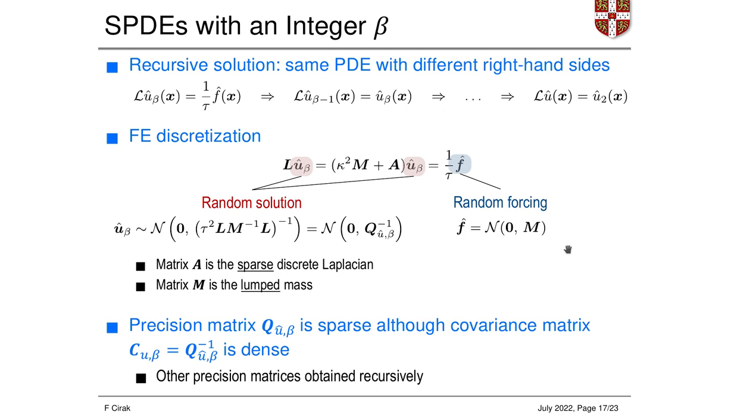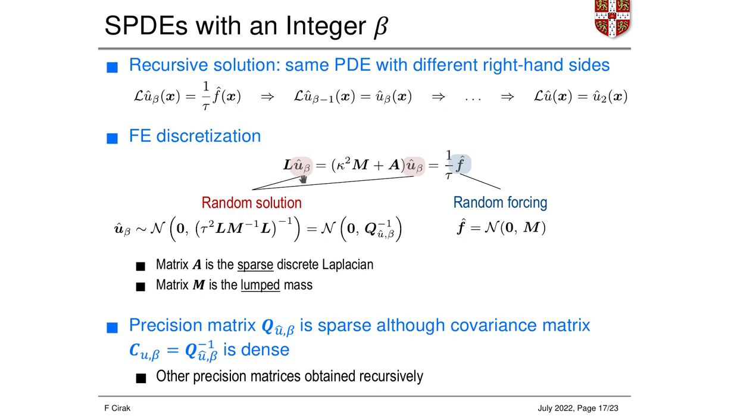Given an arbitrary integer-valued beta, we can obtain a recursive solution using this form. The idea is that you can solve a linear PDE of a lower order and then recursively obtain the solution when beta is large.